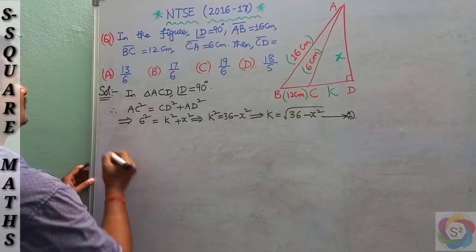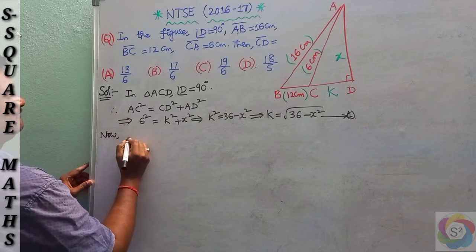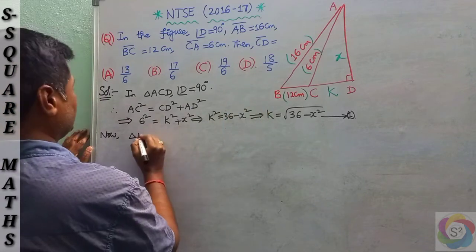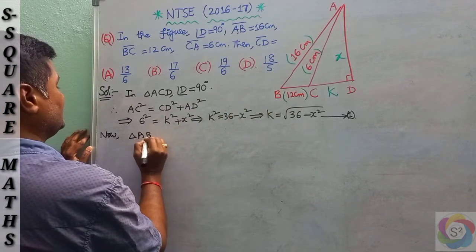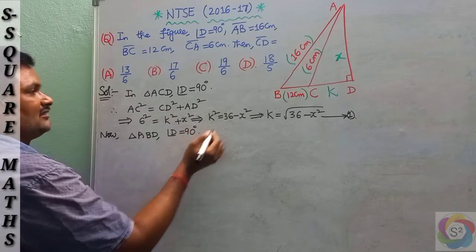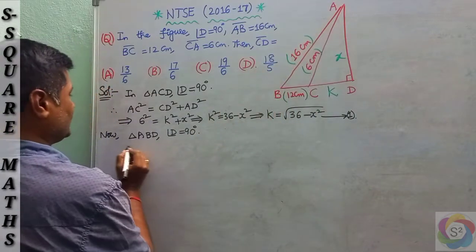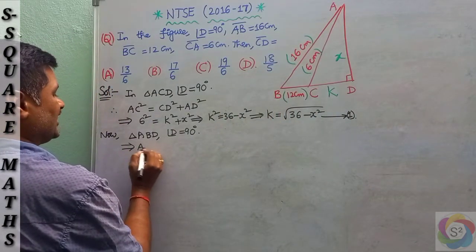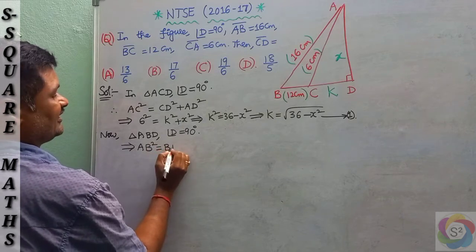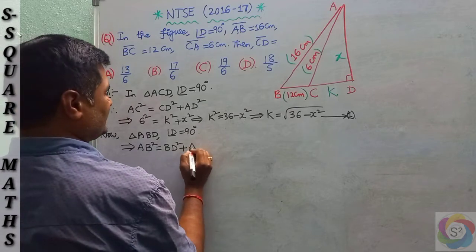Now consider triangle ABD. In triangle ABD, angle D is again 90 degrees. Again applying the Pythagoras theorem, since angle D is 90 degrees, AB is the hypotenuse. So AB square is equal to BD square plus AD square.